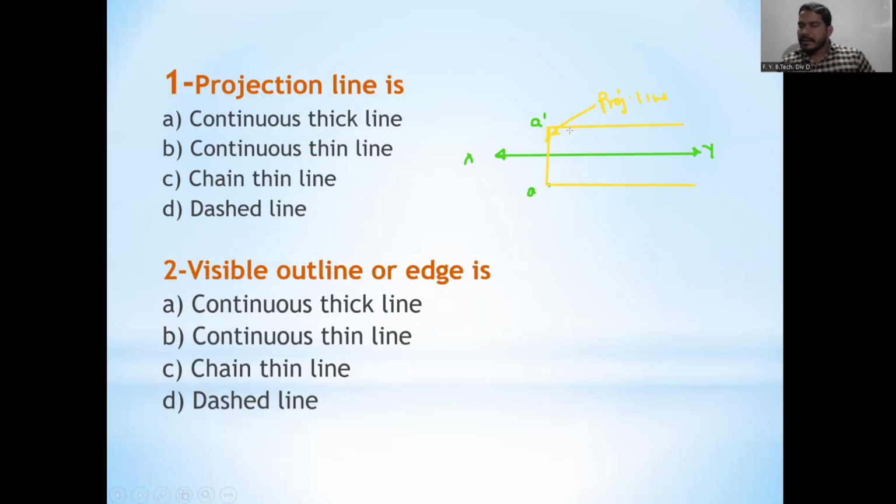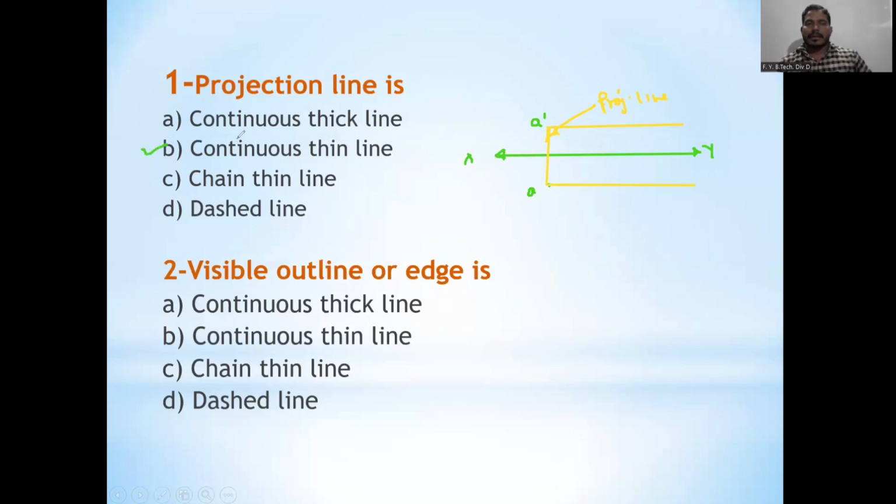In these problems, we show them by faint lines, that means by continuous thin lines. So which option is correct? Continuous thin line, which we can also call a faint line.